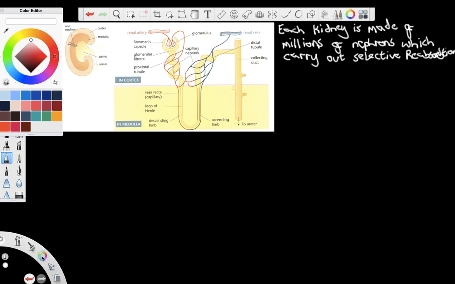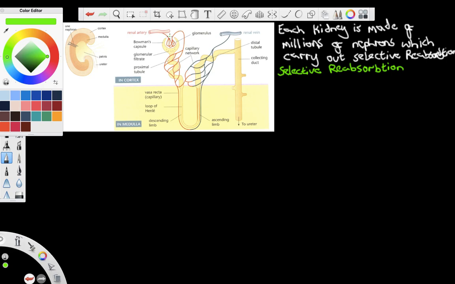So, as we do for any other keyword in my lessons, it's going to be in green. So, we've got the term selective reabsorption. Now, essentially, what we said last lesson was that in the Bowman's capsule, blood is filtered in the glomerulus.